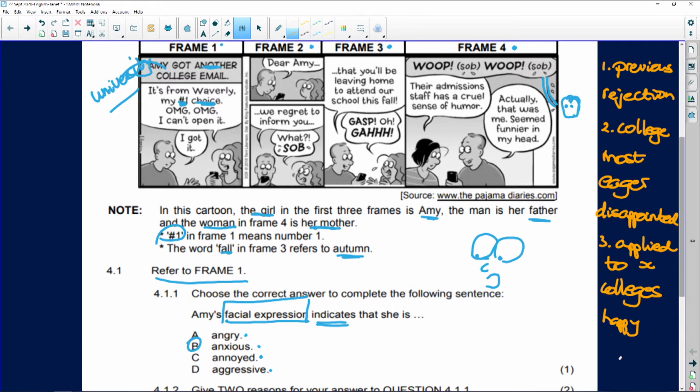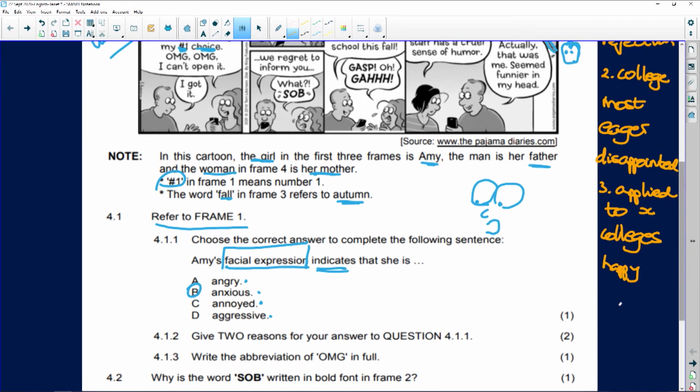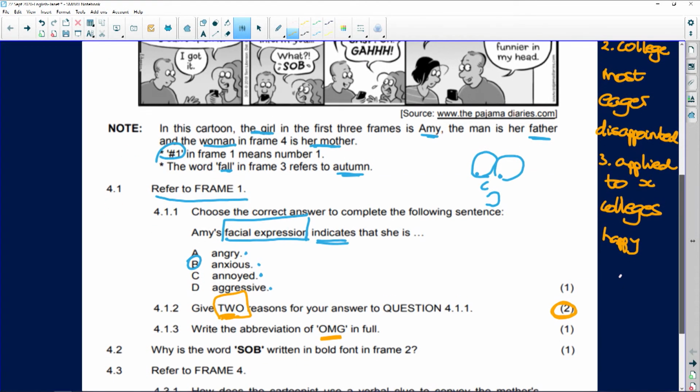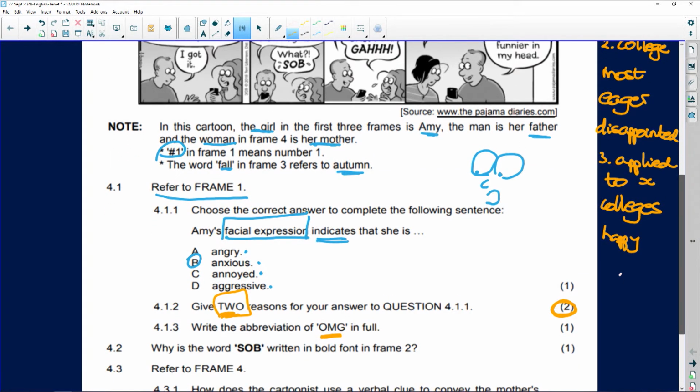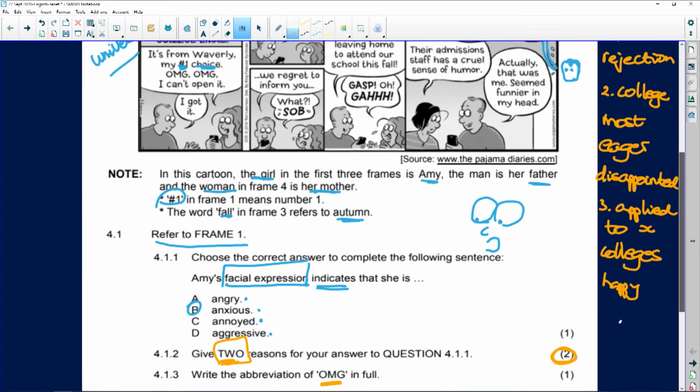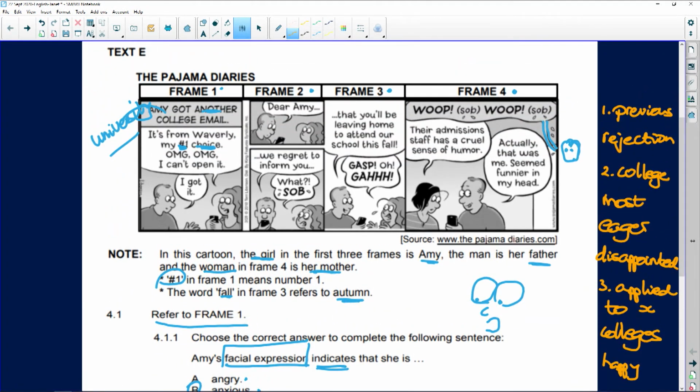All right, so you're looking for 2 reasons. Make sure that you explain 2 reasons quite carefully. Then write that in full. We know it's oh my God, so that's fine. We can just do that. Then why is the word sob written in bold font in frame 2?